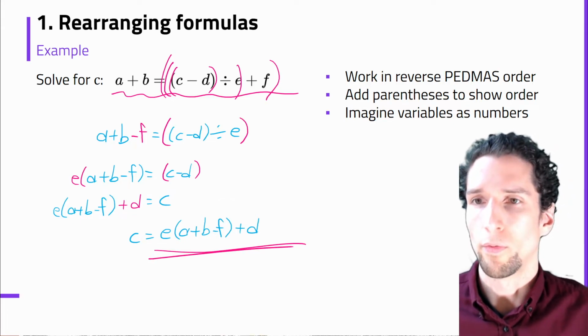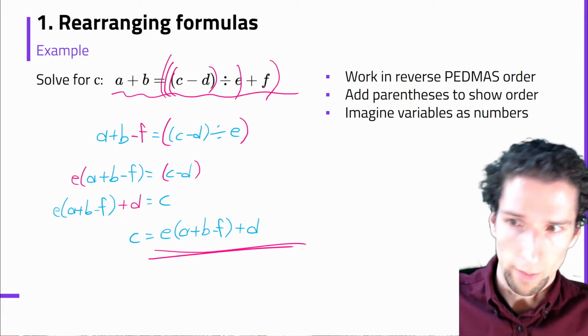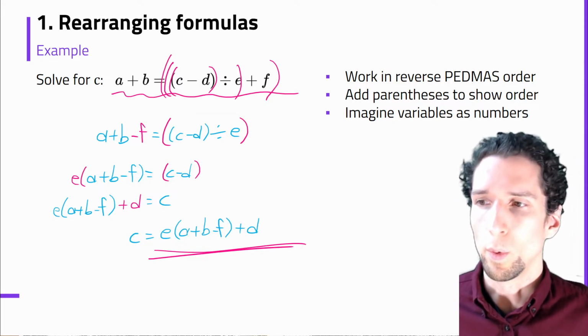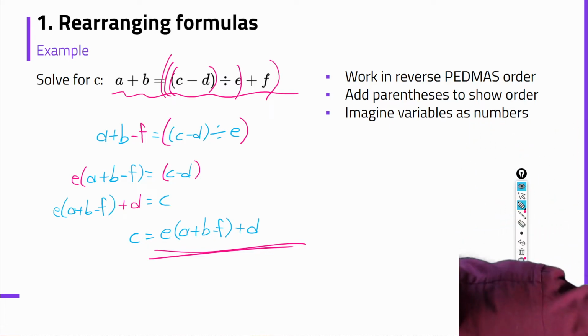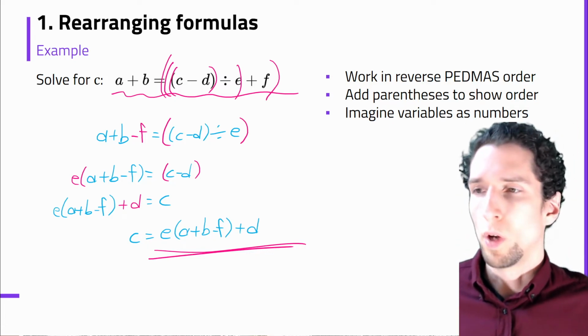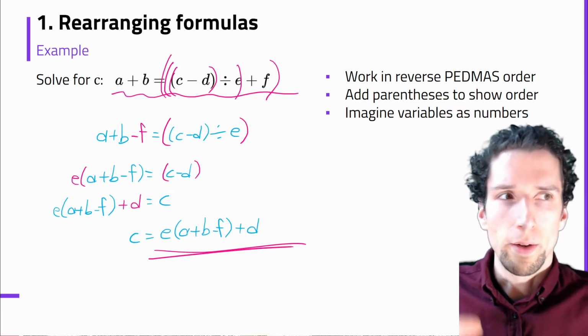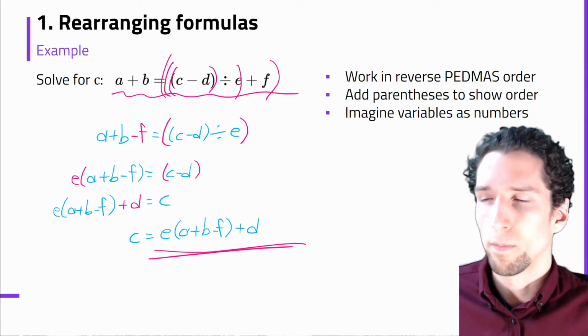So again, if this is a formula and we know what E and A and B and F and D are, then we can calculate what C will be. So if this kind of question is confusing for you, hopefully moving things from one side to the other is not that confusing.